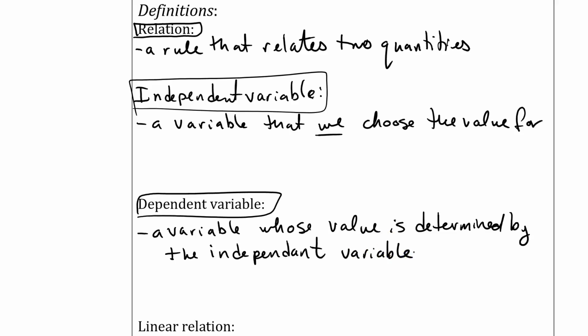So in the case of creating an equation for the cost of a taxi ride, the independent would be the number of kilometers driven, and the cost would be the dependent, because that's the value that gets spit out of the equation.